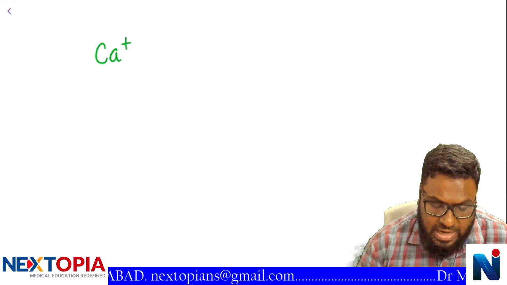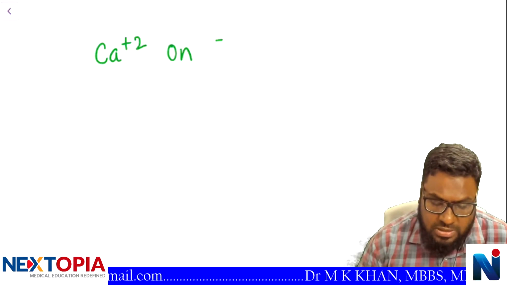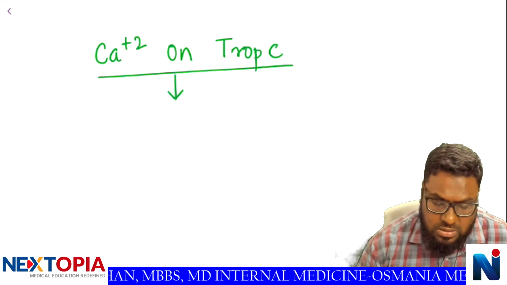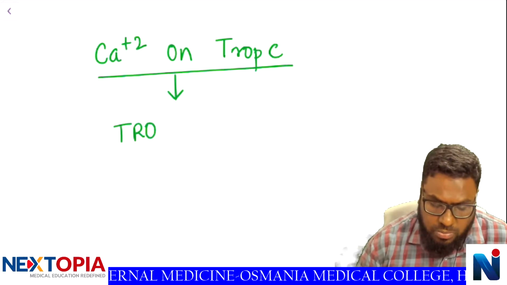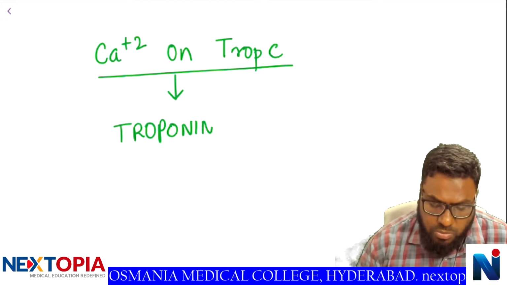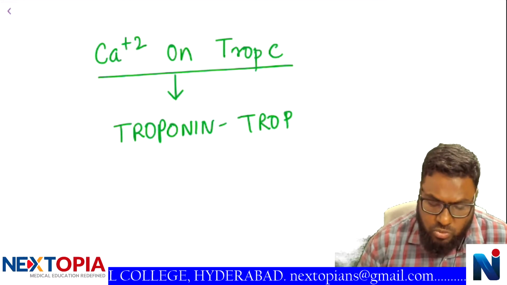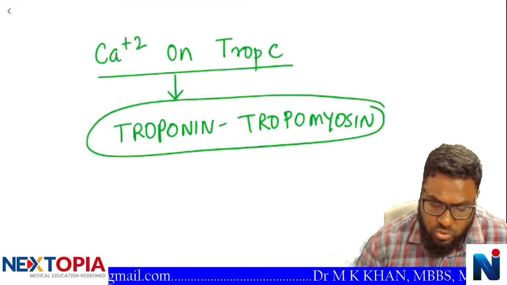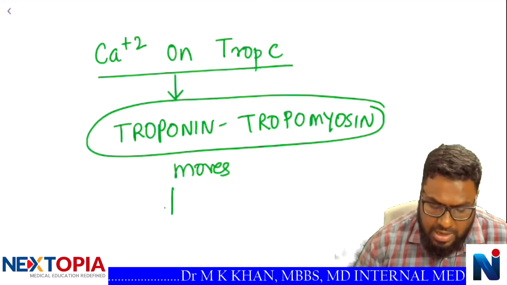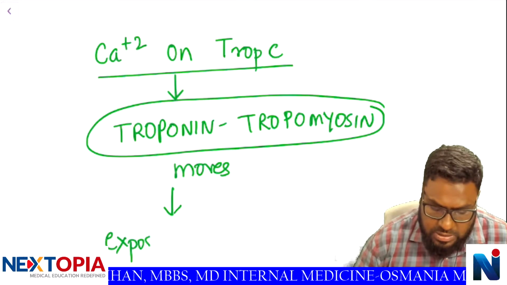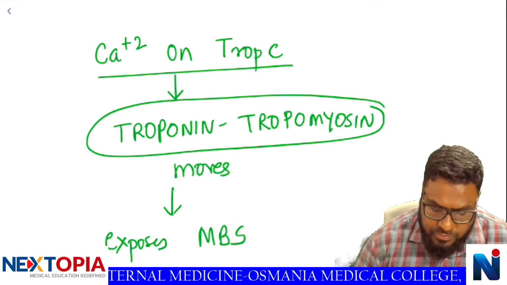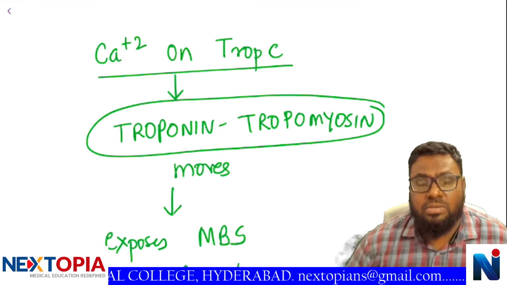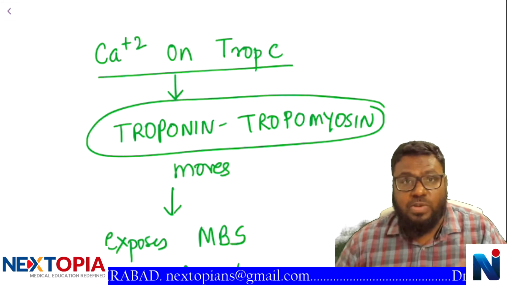The presence of calcium on troponin C causes the tropomyosin complex to move, and thus exposes the myosin binding site on actin. Thus the contraction begins. This process we will again try to analyze in much more detail.